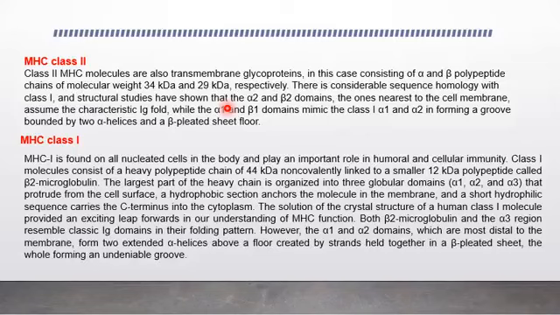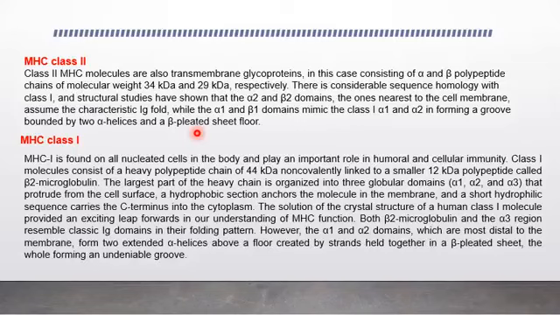There is considerable sequence homology with class 1, and structural studies have shown that the alpha 2 and beta 2 domains, the ones nearest to the cell membrane, assume the characteristic Ig folds, as I mentioned, like the immunoglobulin, while the alpha 1 and beta 1 domains mimic class 1, alpha 1 and alpha 2, in forming a groove bounded by two alpha helices and the beta pleated sheet floor.